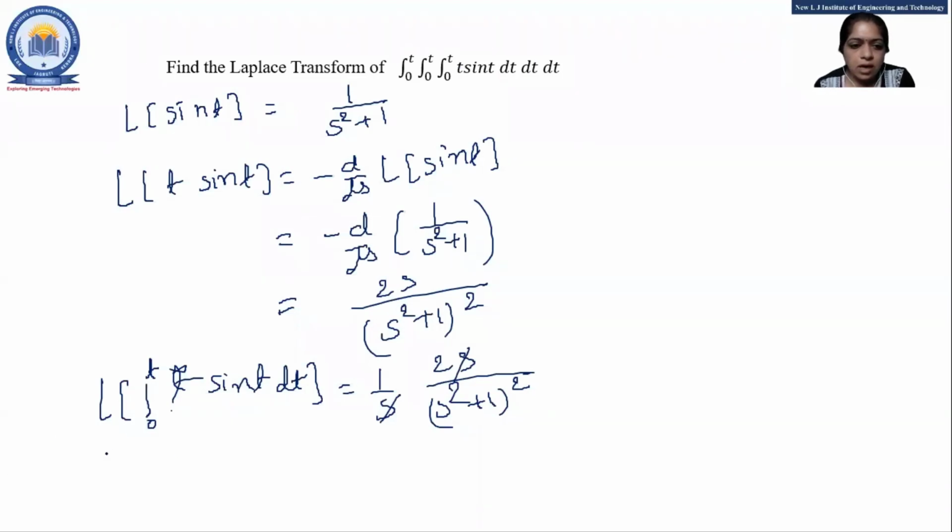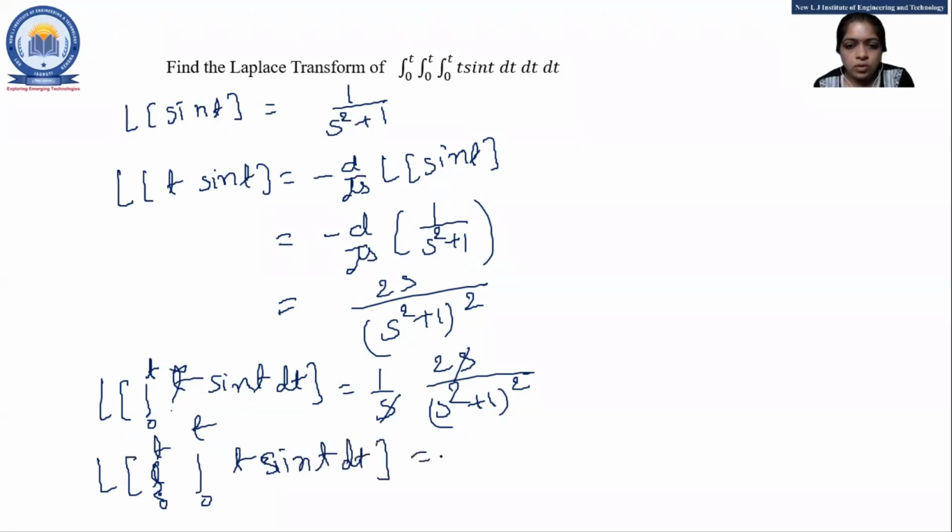And 3 times integration is there. So integration 0 to t, integration 0 to t, t sin t dt. So next is 2 upon s into s square plus 1 the whole square.